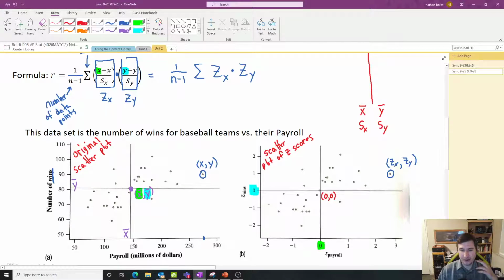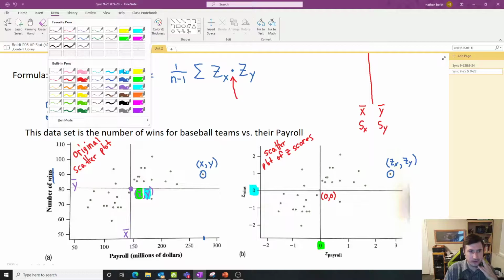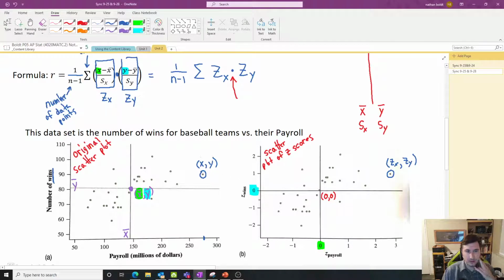So now that we've got all of these points turned into z-scores, what do we do with them again? Well, we take the x value and we take the y value and we multiply them. Let's think about that for a second. What are those values going to look like when we do this? Let's take our Yankees again. Do you see how their payroll is bigger than the average payroll?